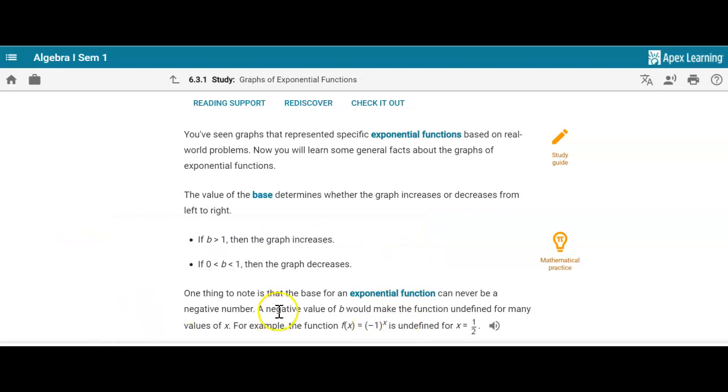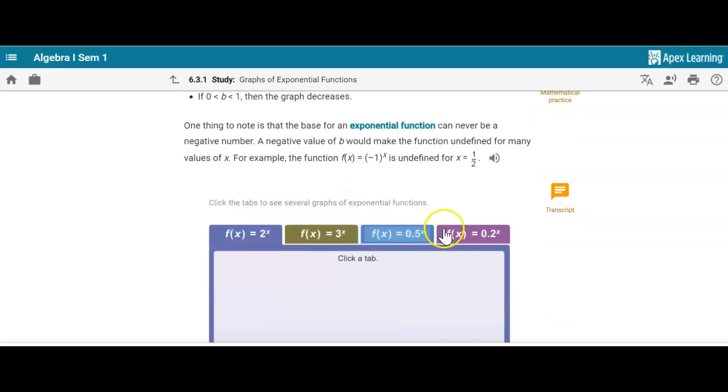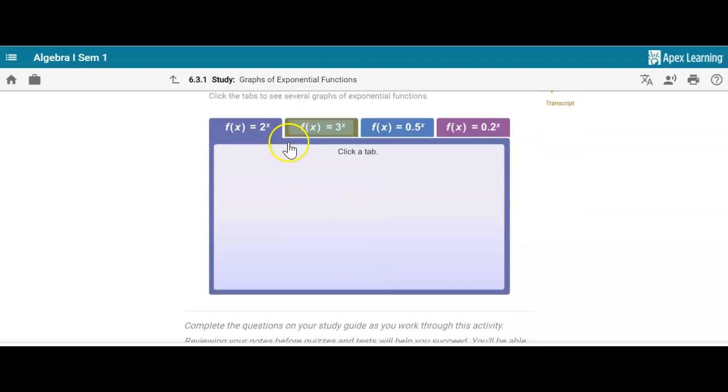With that, we have three or four exponential functions down here. One thing to note is the base of an exponential function can never be a negative number. The a value can be negative, but not the b.